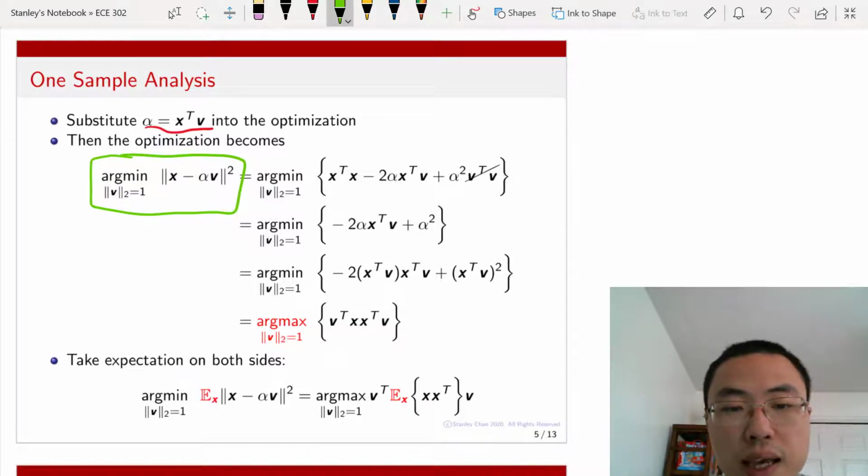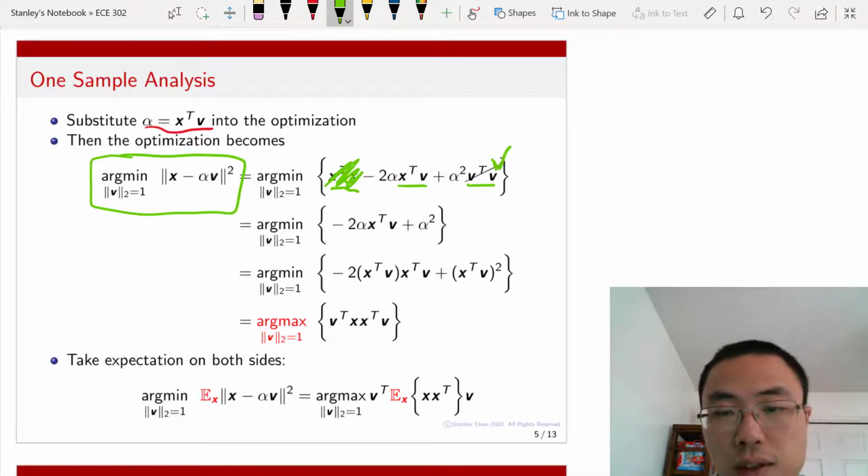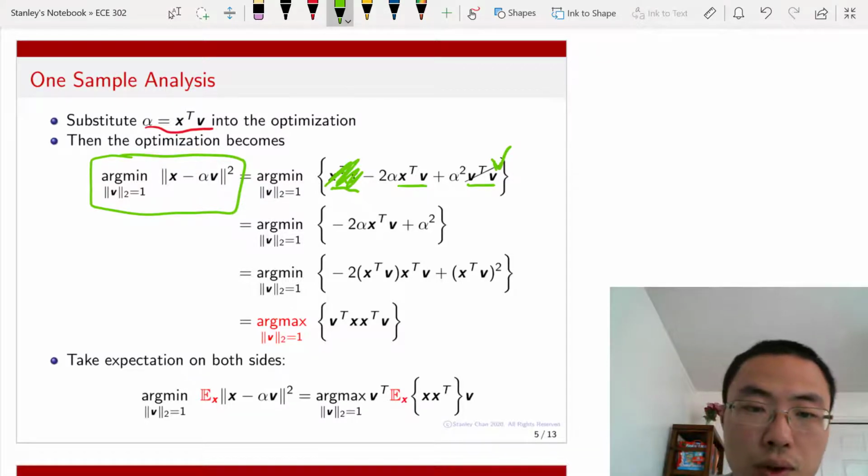We can expand the term as here. You have x transpose x, x transpose v, and v transpose v. You have alphas here and there. But note that since you're minimizing over v only, this term does not really matter. Okay, so this term you need to keep here. So you have this term. Now, what else?